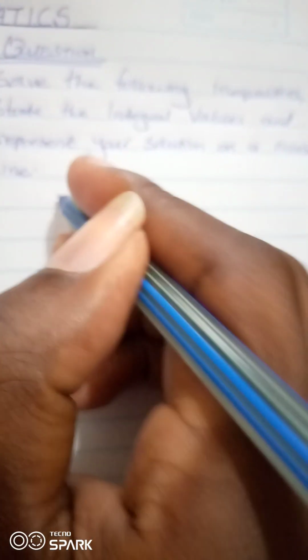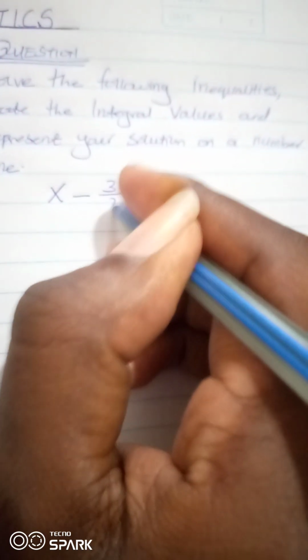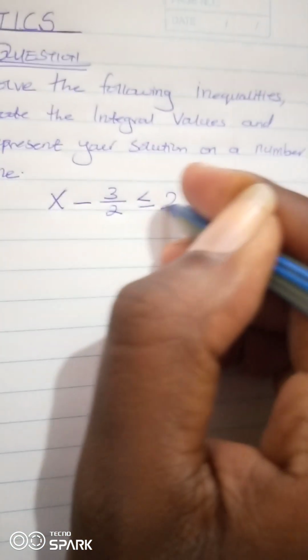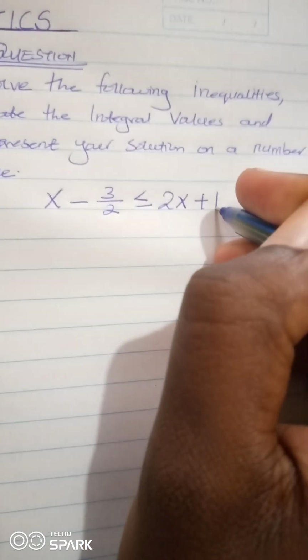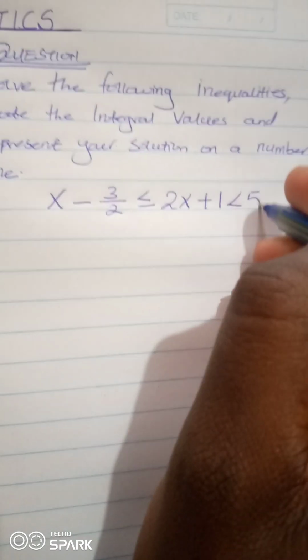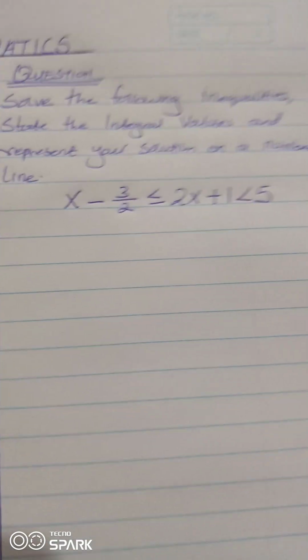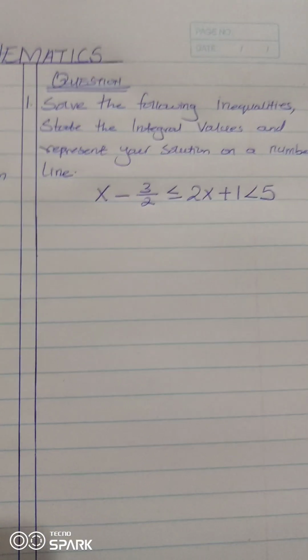The inequality is x minus 3 over 2 less than or equal to 2x plus 1 less than 5. That is the question that you are going to attempt after going through the one that we've done together.